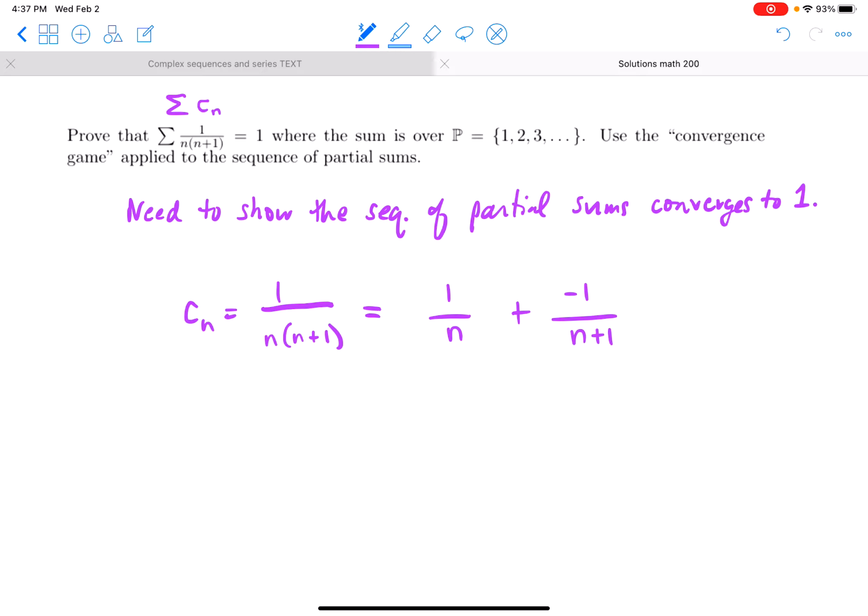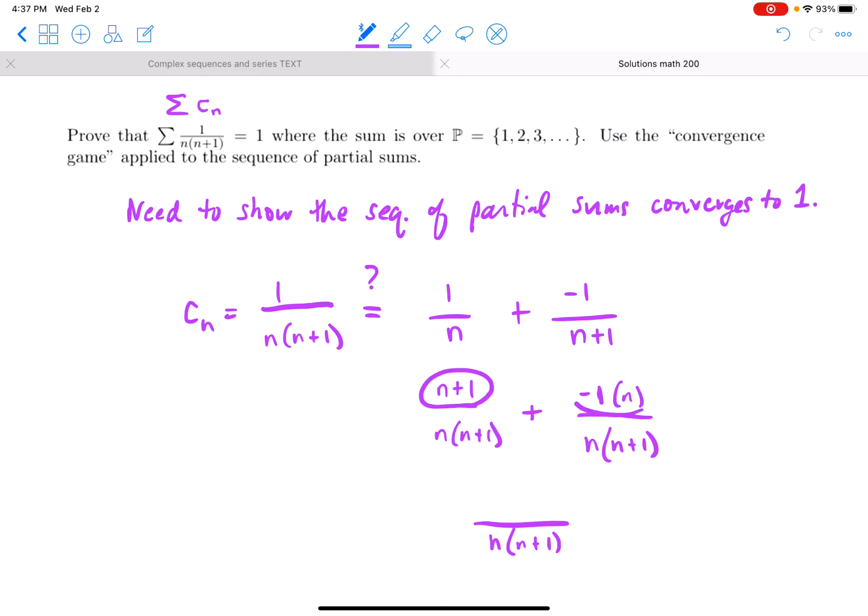So let's see if that's right. I can check this by finding a common denominator and then adding these fractions and seeing if I get this. Okay, so n plus 1 minus n. Yep, works.